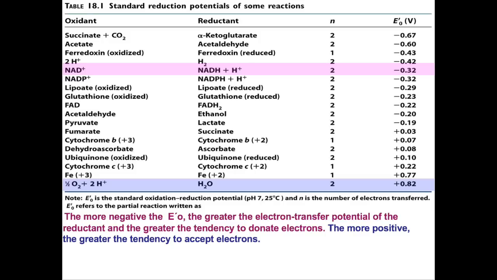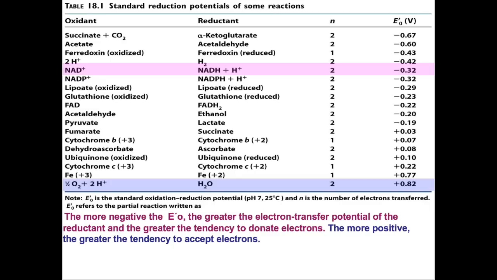And so let's look at this table, especially let's look at NAD plus and NADH, and oxygen and water. NAD plus and NADH are the oxidant-reductant pair, and NADH has a reduction potential of negative 0.32 volts. This means that NADH is a potent reductant and will reduce anything that is lower on this table.